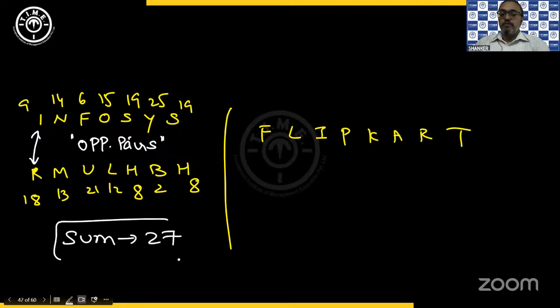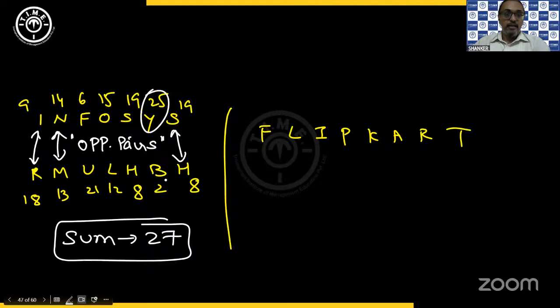By adding the two place values, you'll get 27. It means that they are having the same positions from opposite ends, like AZ, BY. See, that is why you have a Y here and you have a B here, BY. Understood?